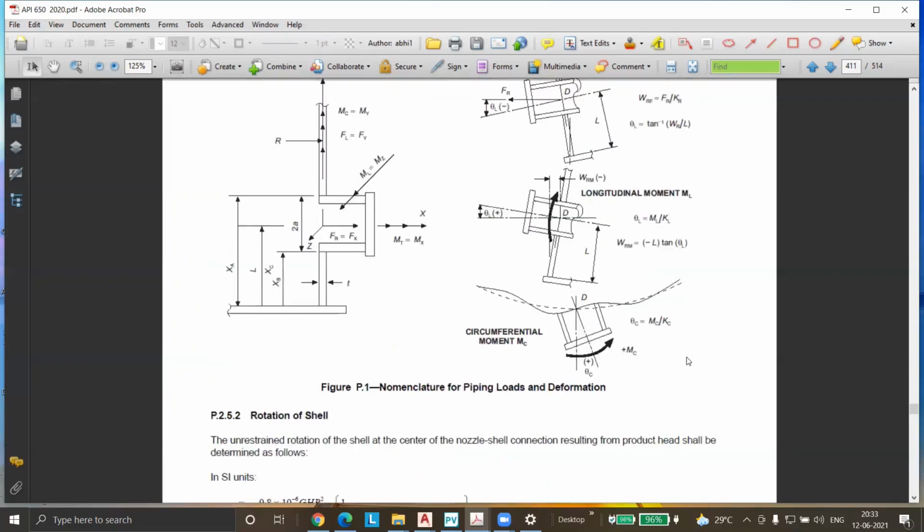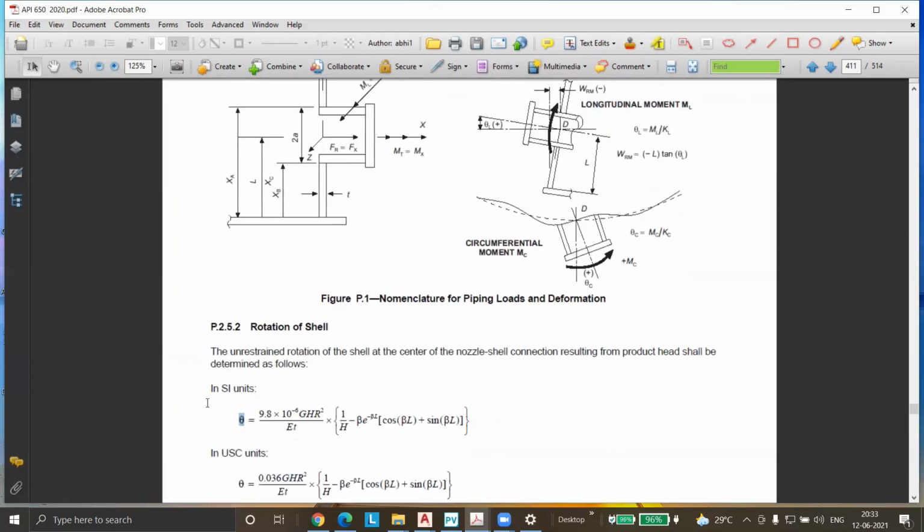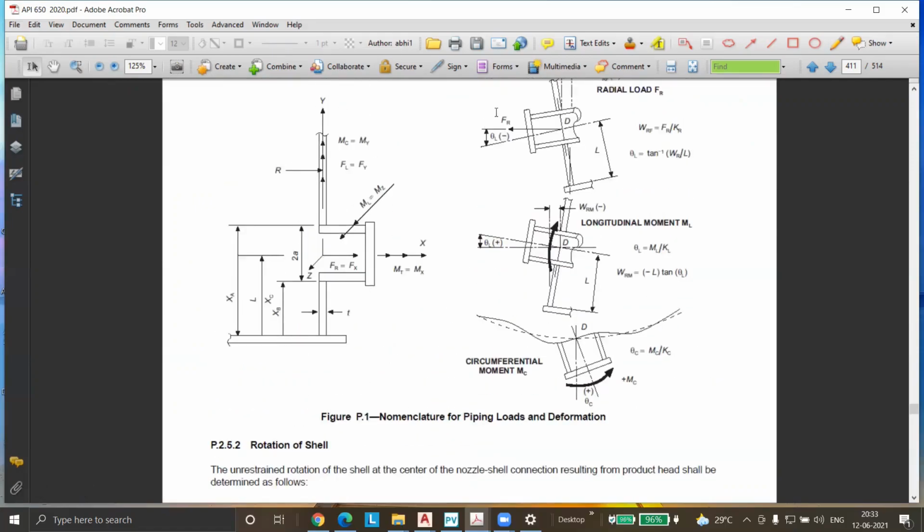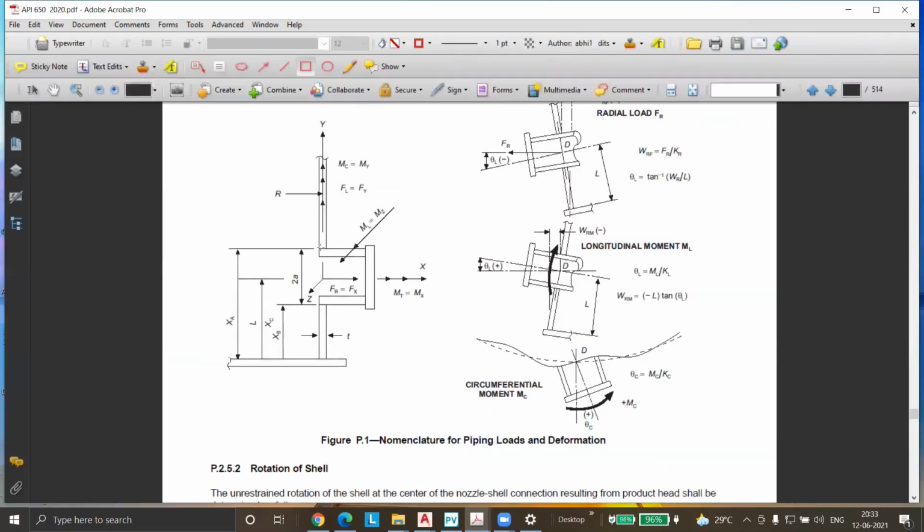So what I meant is, this is not because of the loading, but because of the product head. The product is there inside this tank, so the shell tries to buckle in between. It will try to bend like this.